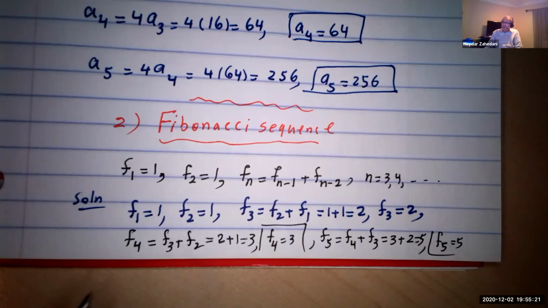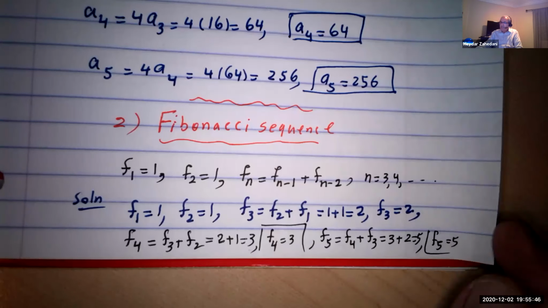So the first two terms are given to be 1, 1. F3 is going to be F2 and F1, 1 and 1 would be 2. For F4, the previous ones are 2 and 1, so 3. For F5, the previous ones are 3 and 2, which would be 5.